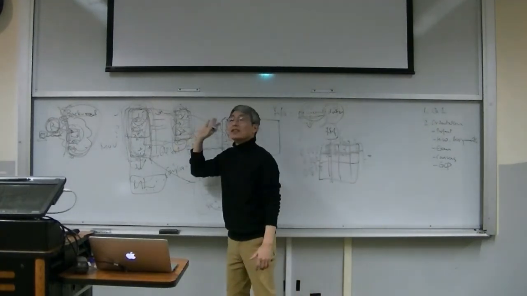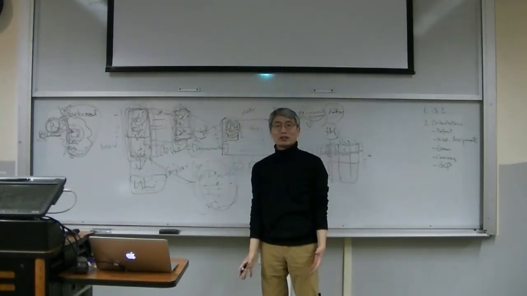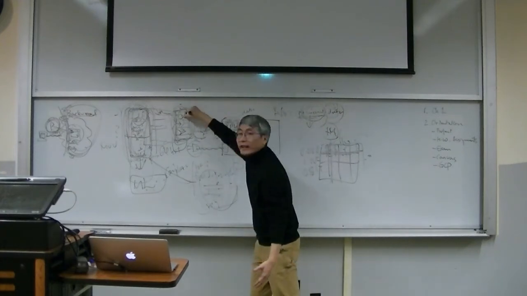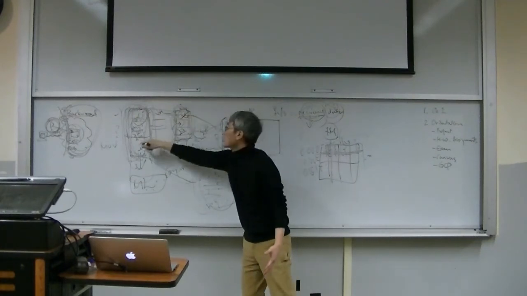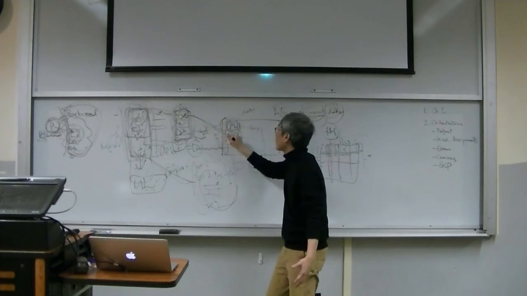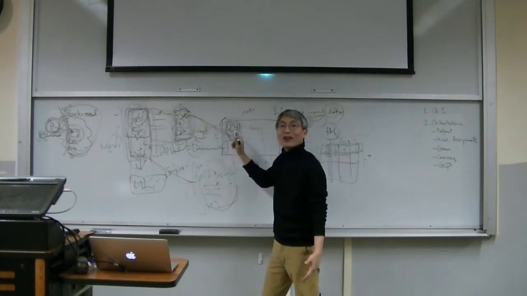Because the register is not big enough, you need the storage. It's the primary storage. Then you can bring the input data from memory to register using move. And once you process it, going back, register to memory, you learned that, right?